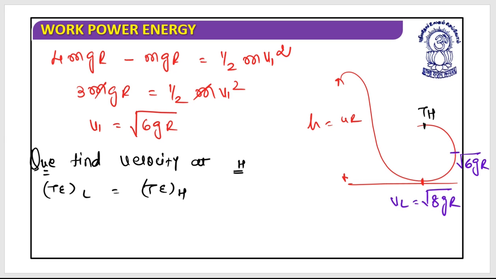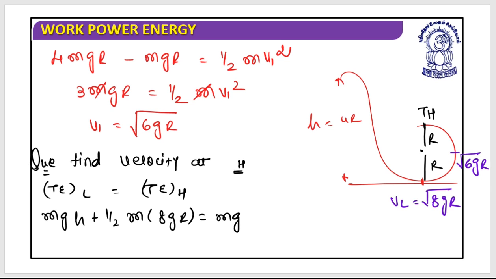Here it's mgh plus half mv square, which is 8gr, should be equal to, look at this, if this is r, even this would be r, I hope this is clear, potential energy mg2r plus half m vh square. As at this point h is equal to 0, this is going to be 0.